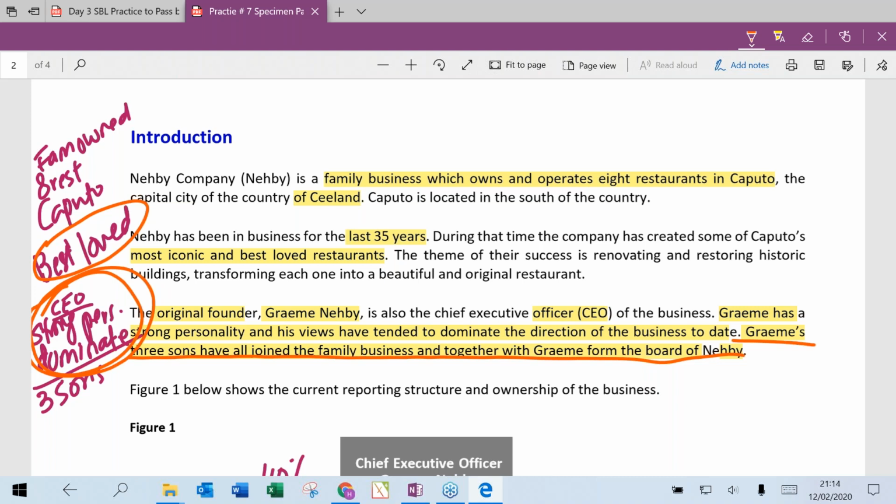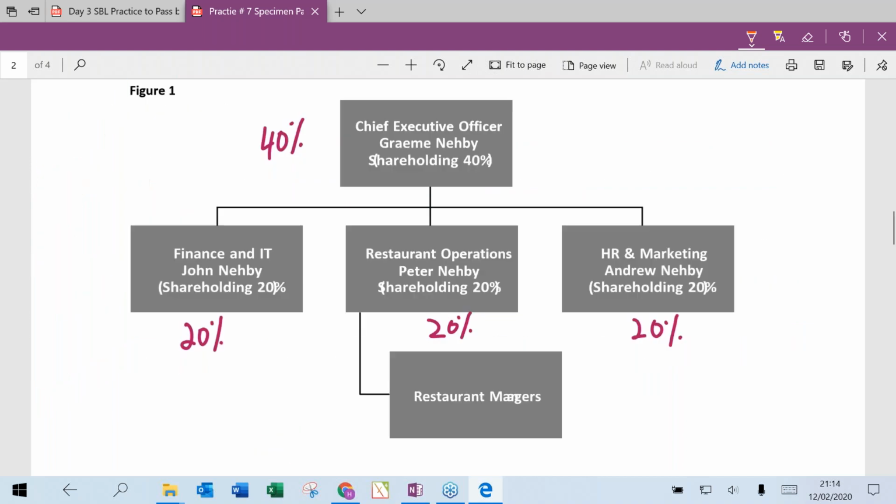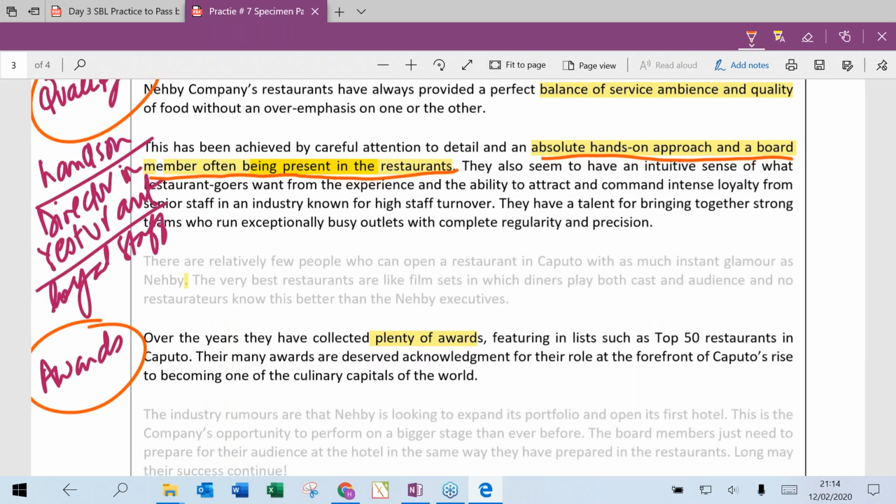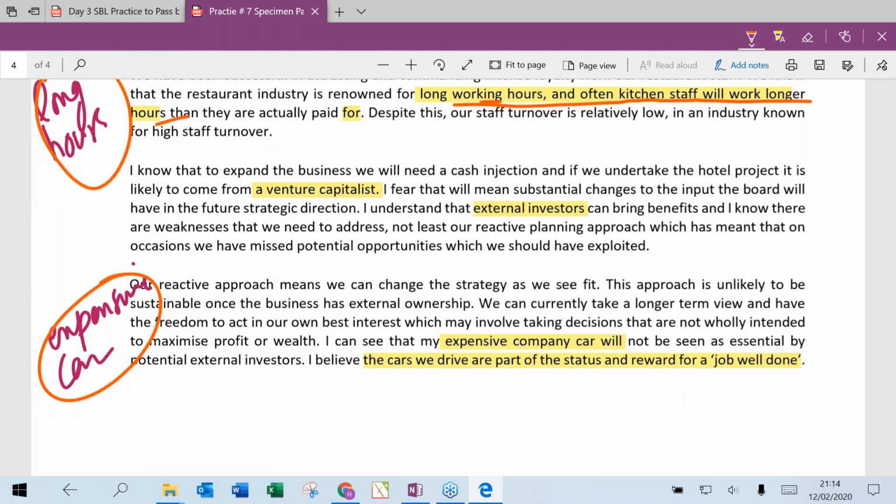And lastly, symbols. Symbol means expensive cars, luxury offices, titles, club membership. So I read somewhere about expensive cars. Yeah, this one. That's a symbol. That's it. Okay, so we analyzed the culture prevailing in the Nabi company by using the cultural web model. We talked about power structure in which we described Mr. Graham.